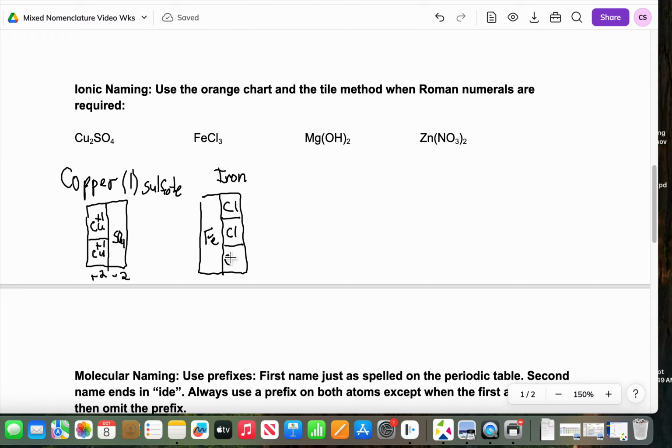Chloride, chloride, chloride. Now you can look up each chloride is -1, -1, -1, which gives you a total of -3. But there's only 1 iron that has to cancel out 3 negative charges. So that 1 iron must be +3. So it's iron Roman numeral 3 chloride.